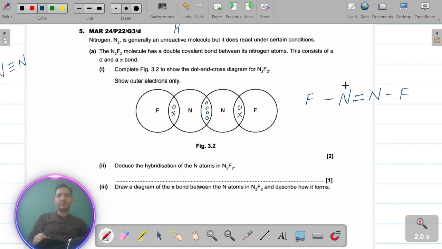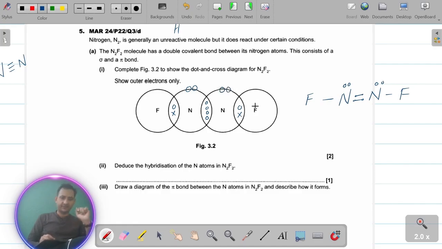Now we know there is a lone pair of electrons on each nitrogen. I'm drawing the lone pair of electrons. The bonding ones are known as bond pairs, or you can say shared pairs of electrons, because they are shared between these two nitrogens. This one is a lone pair of electrons which is not taking part in bonding.